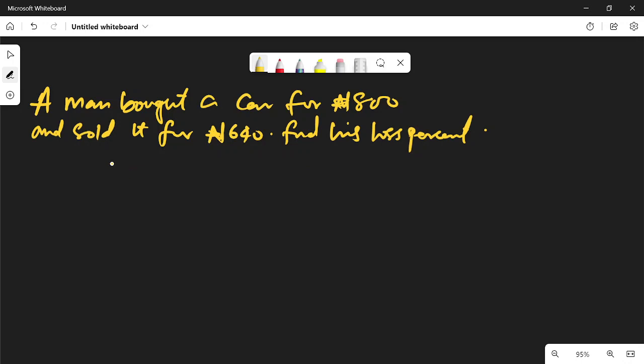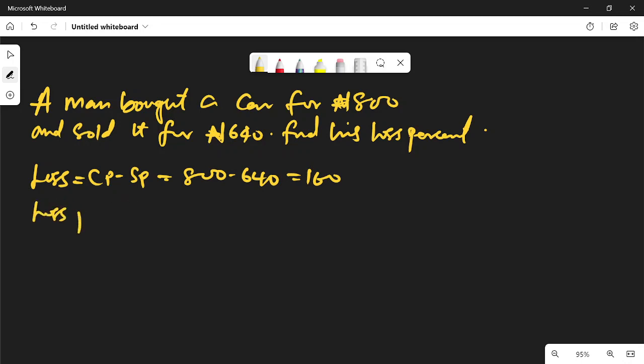So how do we calculate his loss percent? The loss is going to be the cost price minus the selling price, and that is 800 minus 640. So that will give us 160. So that's what he lost. So the loss percent is going to be loss all over the cost price.